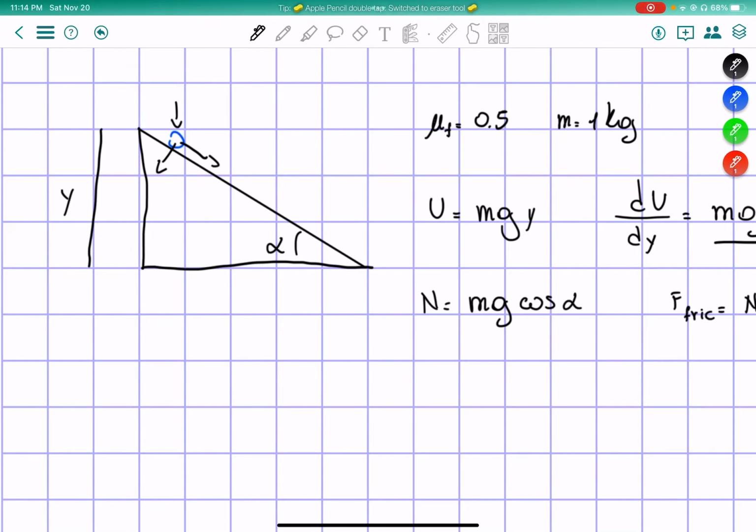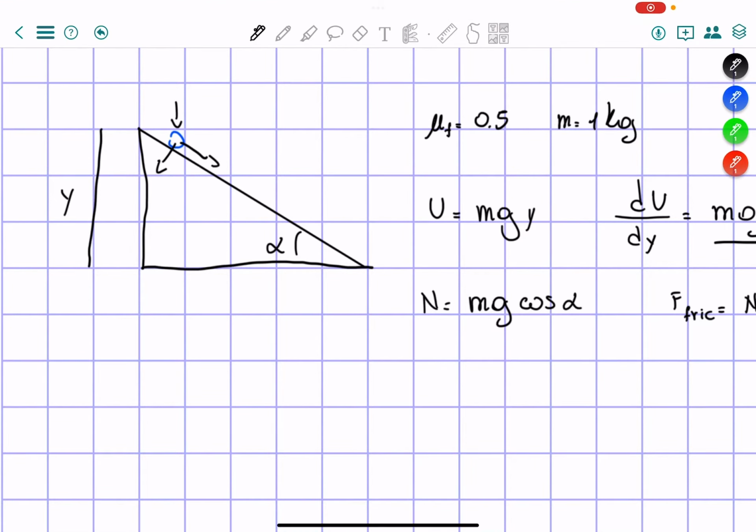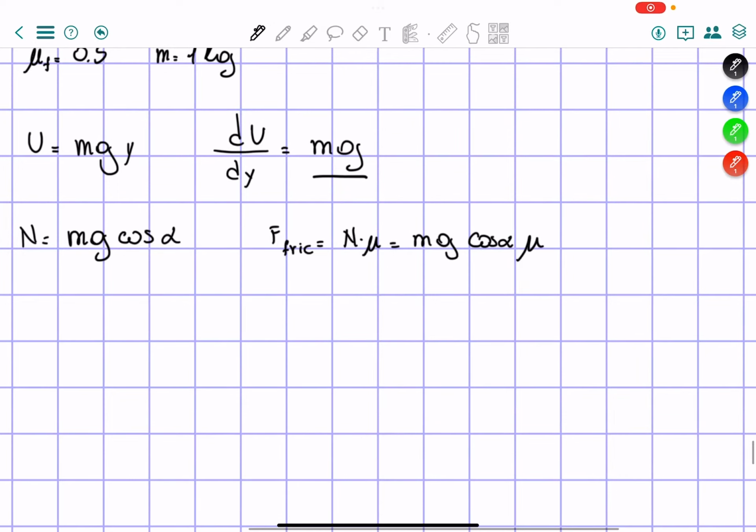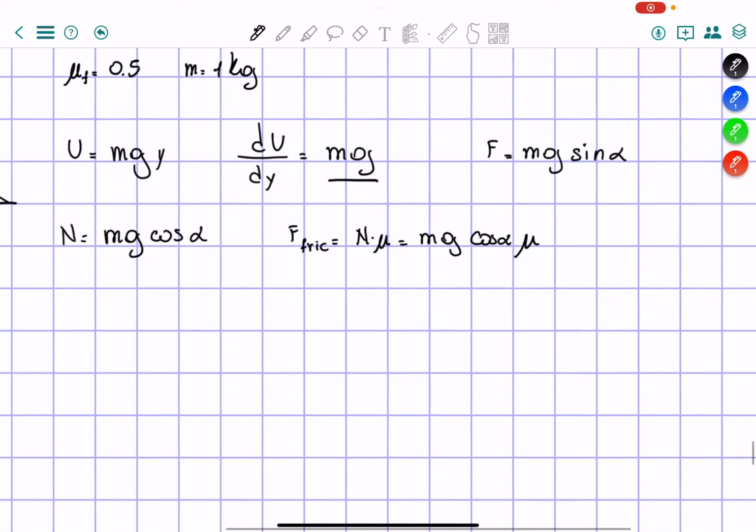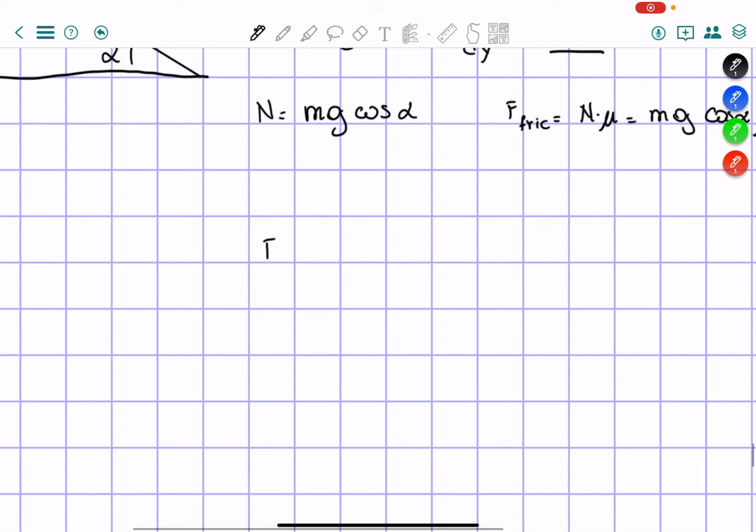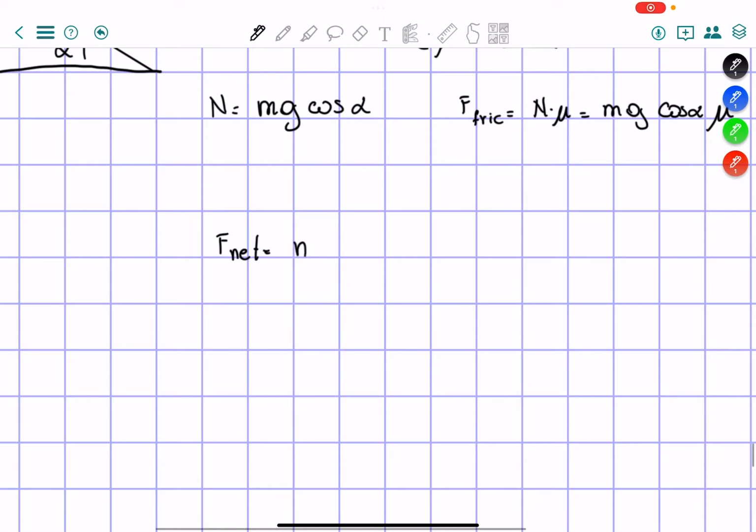This part here is going to be equal to mg times sine of the angle alpha. So the actual force acting on it will be mg sine of alpha minus mg cosine of alpha times mu. And this is the net force.